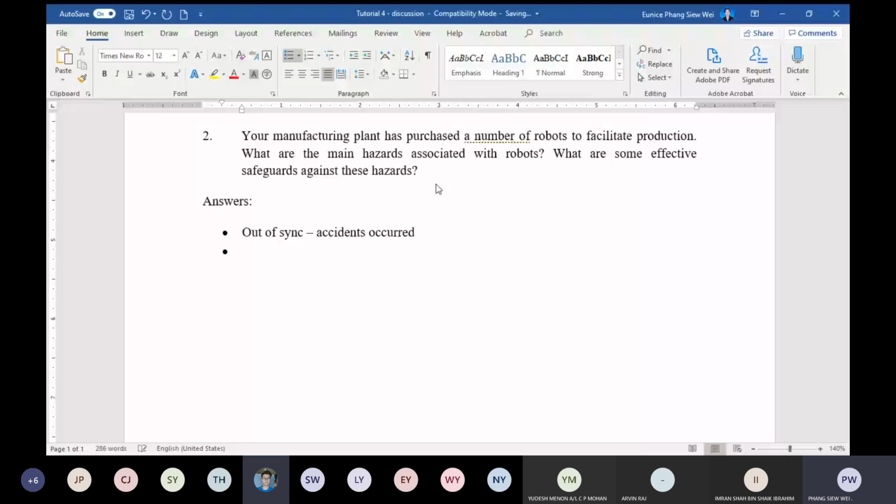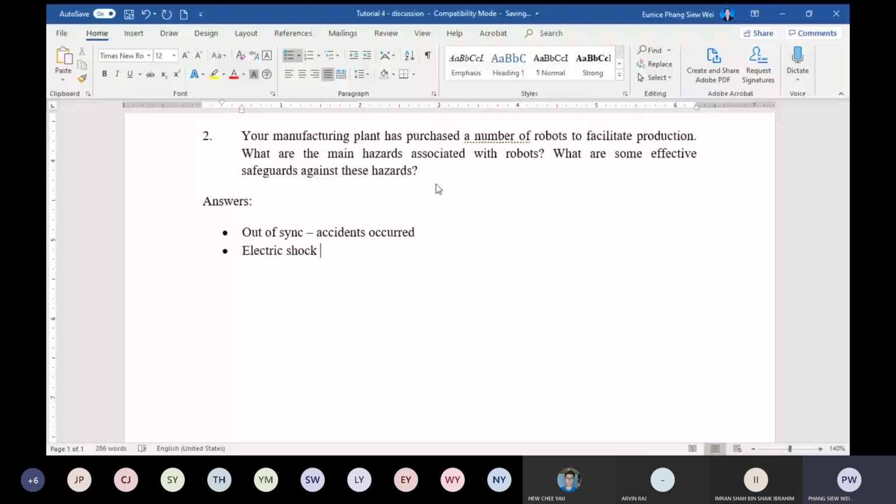Electric shock. Electric shock on what? Like the robots get electric shocks? So malfunction? Maybe.